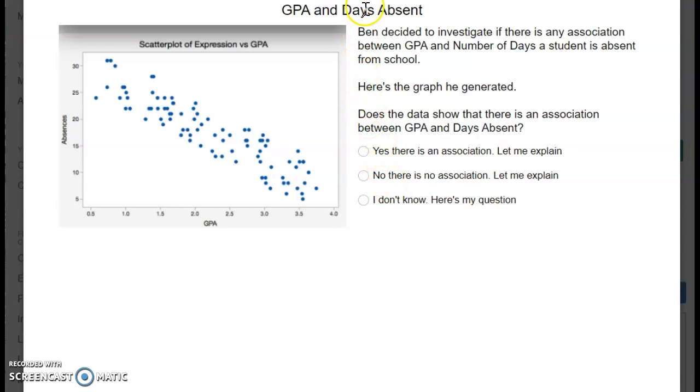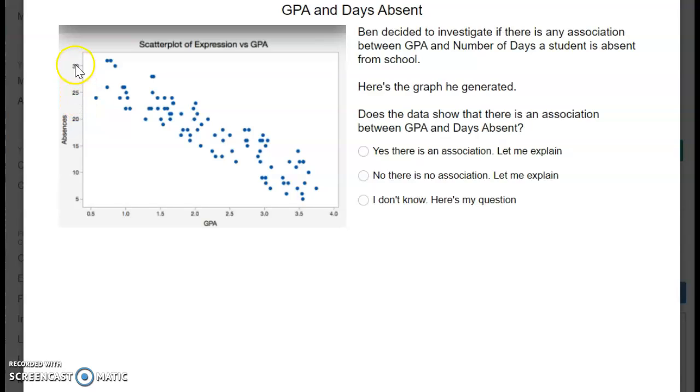What about this? Okay, Ben decided to investigate if there is any association between GPA and the number of days a student is absent from school. Here's the graph he generated. So this time the GPA is on the x-axis and the number of absences is on the y-axis.